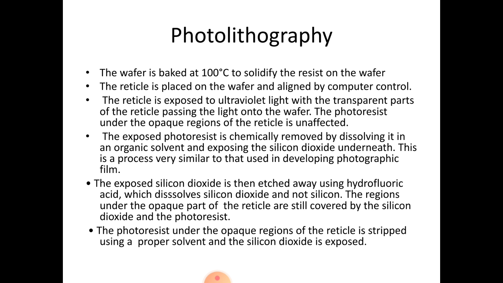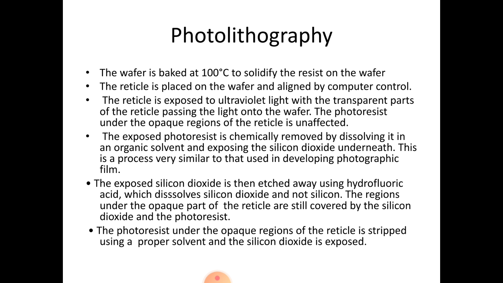The exposed photoresist is chemically removed by dissolving in an organic solvent, exposing the silicon dioxide underneath. This process is very similar to that used in developing photographic film.